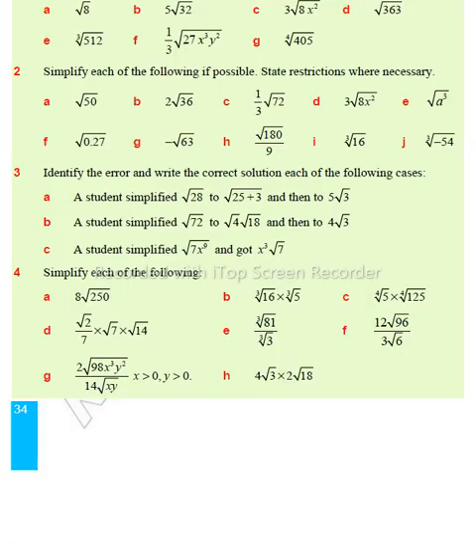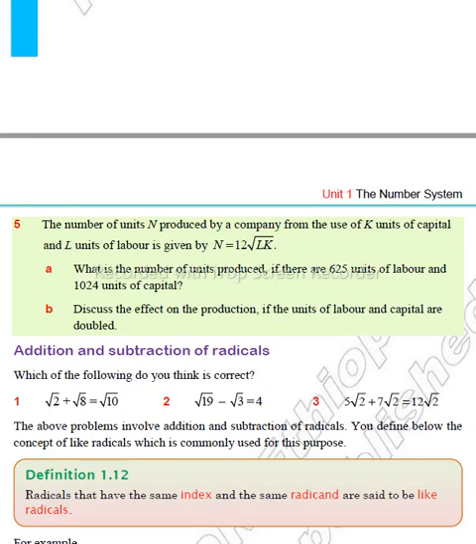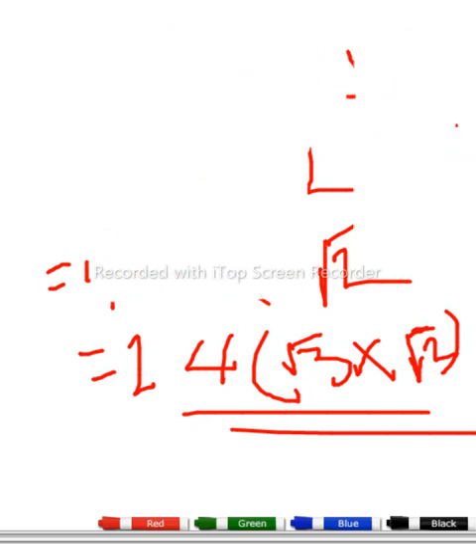So let us do the next equation. Here we are given that the number of units N produced by a company from the use of K units of capital and L units of labor is given by N equals 12 square root of LK. Let us first rewrite the formula.